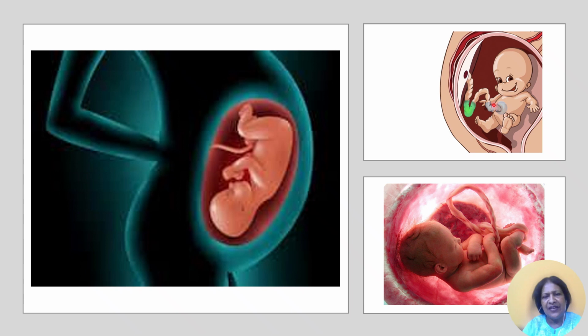This intimate connection of the umbilical cord between the mother and the growing fetus allows the baby to get nutrition as well as to excrete the waste via the mother. After this comes the stage for the delivery of the baby, which is biologically called parturition.